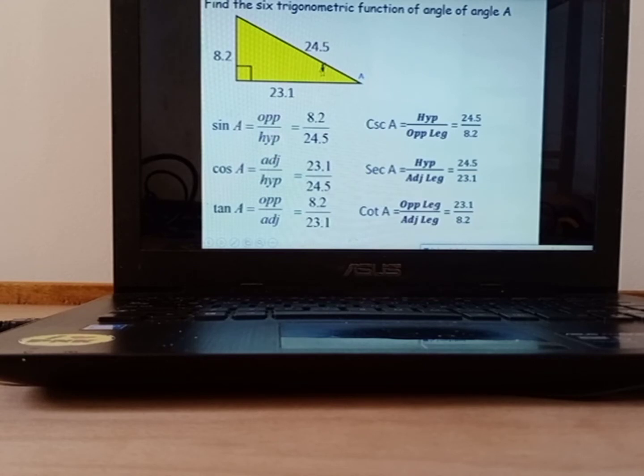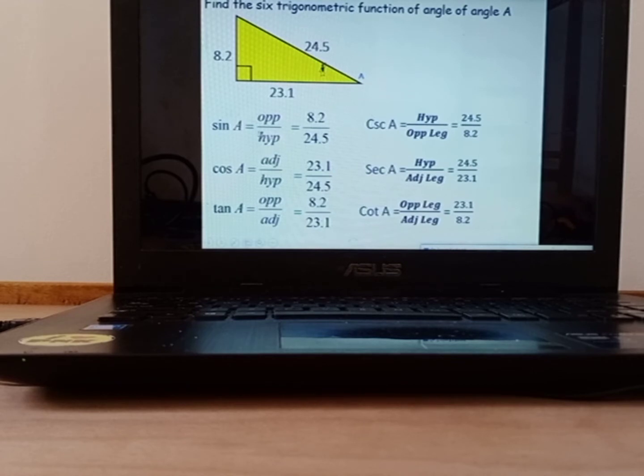So just correct the formula, class. Therefore, our adjacent leg is equal to 23.1, and our opposite leg is 8.2, or simply get the inverse or reciprocal of our tangent. So therefore, we have 23.1 over 8.2.